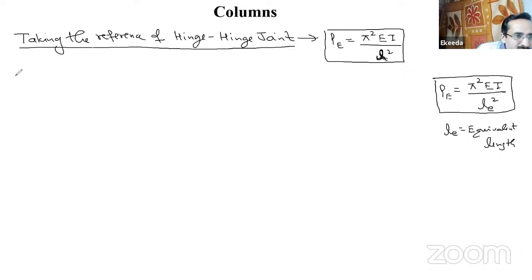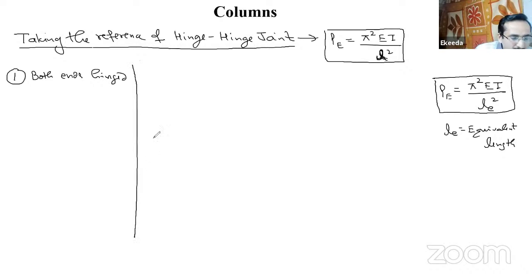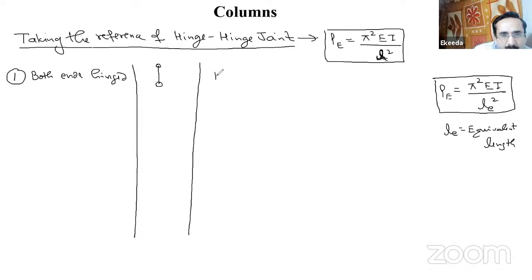So if we take the first case, where both ends were hinged, you have seen the condition was like this. Both ends are hinged, and Euler's load PE was given by pi square EI upon L square.